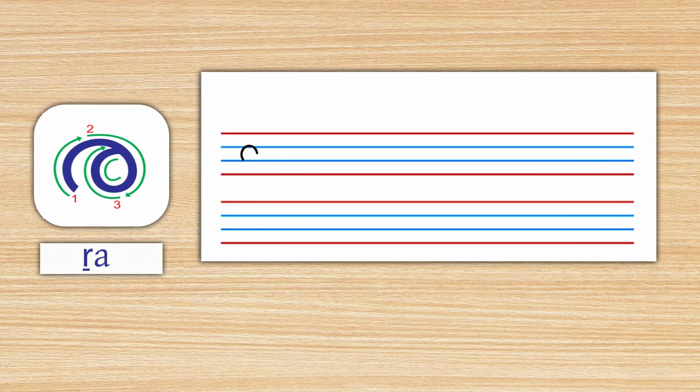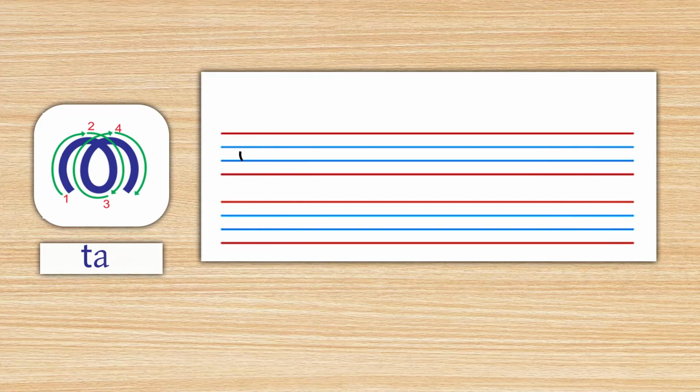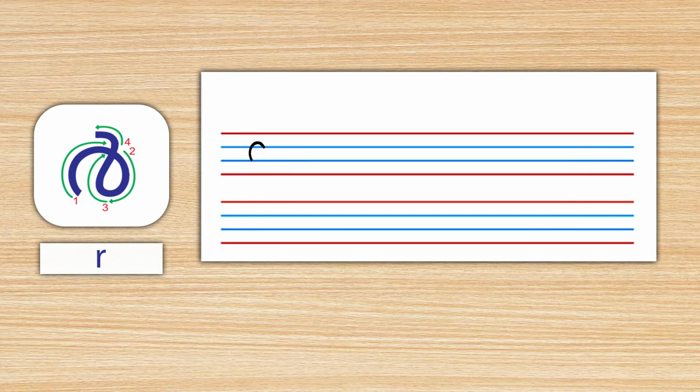For the practice of Ra, Ra and Ta, use the middle 3 lines. To write the letter add the chord up to this line. Il and In also write the same way.